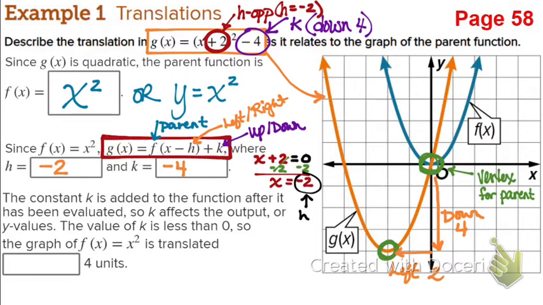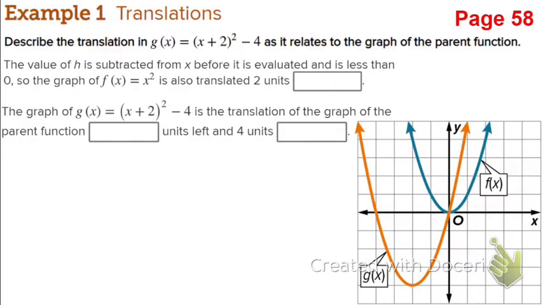We went 4 units which way? 4 units down. Our h value is negative 2, and so we translated 2 units which direction? Left.